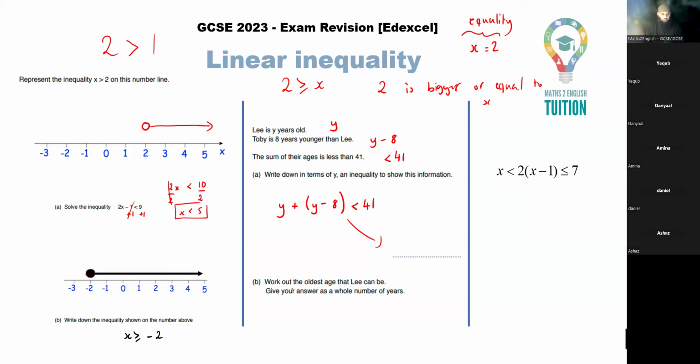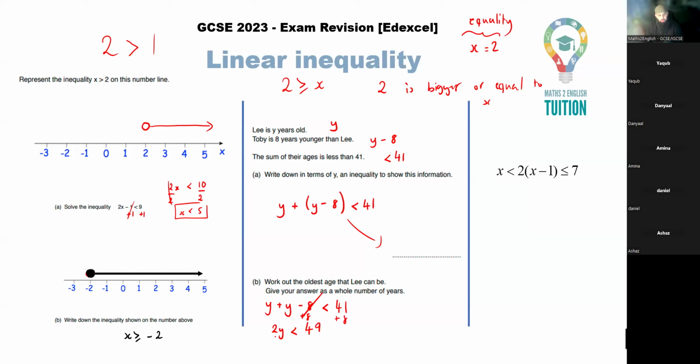It says, work out the oldest age Lee can be. Lee is Y. Give your answer as a whole number of years. If I work this out, I can do Y plus Y minus 8 is smaller than 41. So I'm going to do 2Y. If I add 8 on this side, I'm left with 49.